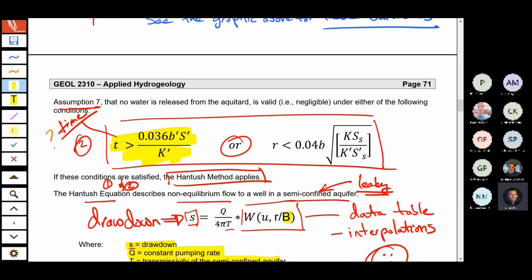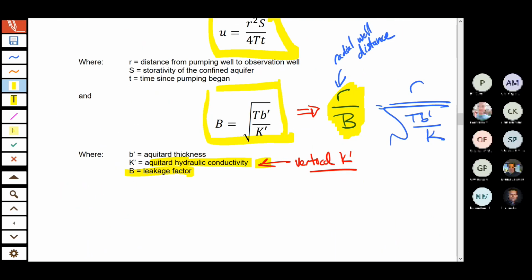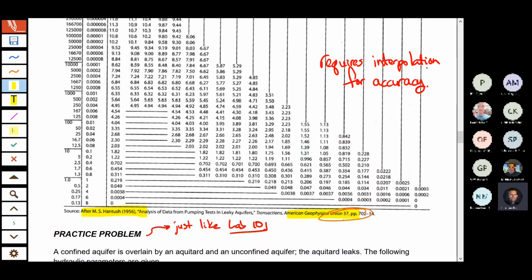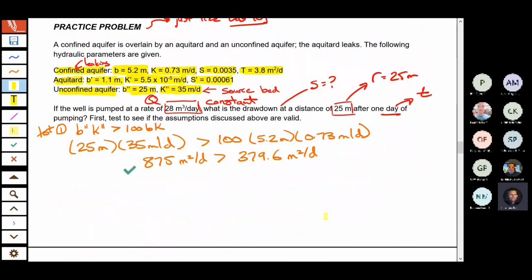So I'm going to take the data for this one right here. And I know that I have time, and I already know that I have all of the data required for the aquitard. So I should be able to go for that. So as long as my supply time is greater than that function, I'm going to be good to go as well. So let's try assumption number 2, or test number 2.